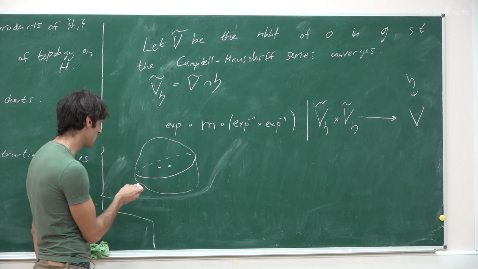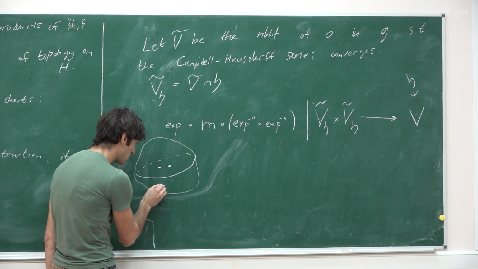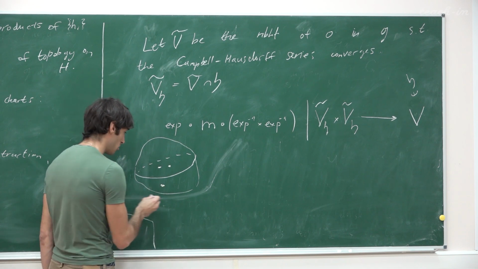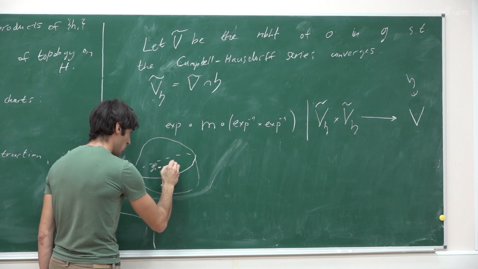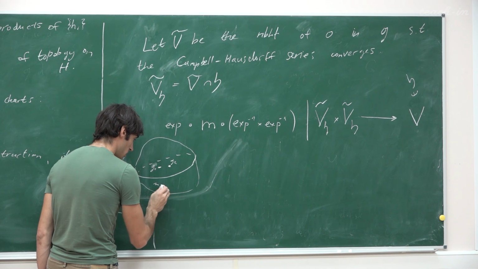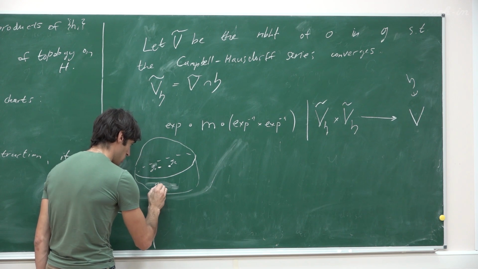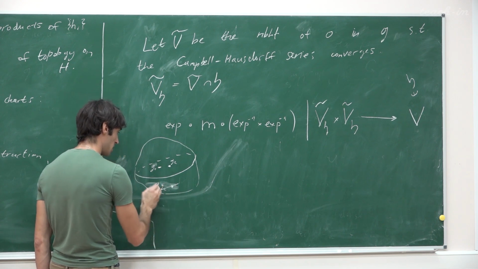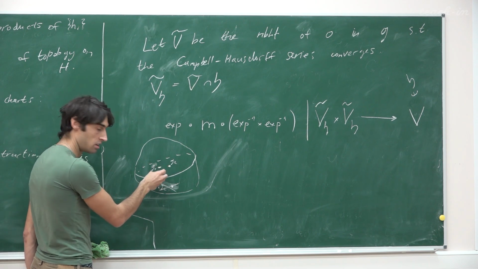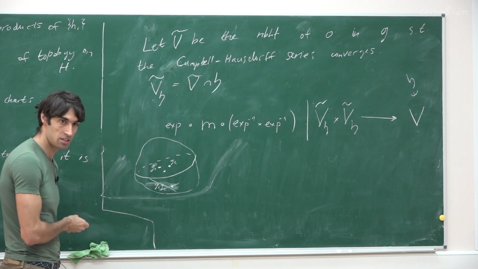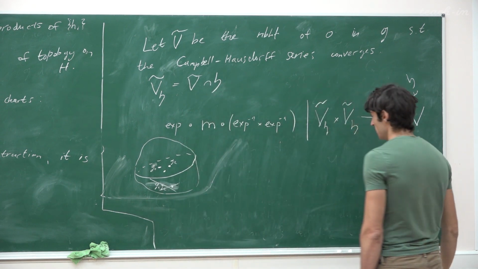And Campbell-Hausdorff says that I'm still in this slice. I don't go somewhere outside, right? So this is G1, G2, and this is M of G1, G2, or just G1 times G2, right? So G1 times G2, if they are close enough, is still in this slice. And this is my V, right? I don't go outside of V.